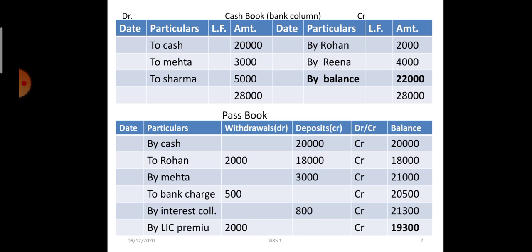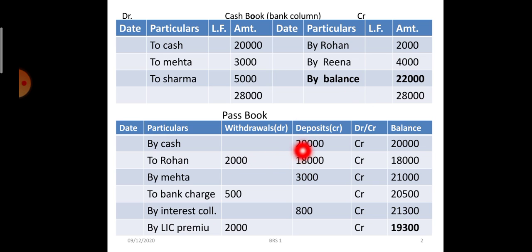Now look here. Here one transaction is there. Let's take this one, Reena. It is recorded on the credit side of cash book. That means we have issued a check to Reena. Let's check in the passbook. Nowhere is Reena's name mentioned and the amount is also not mentioned anywhere.